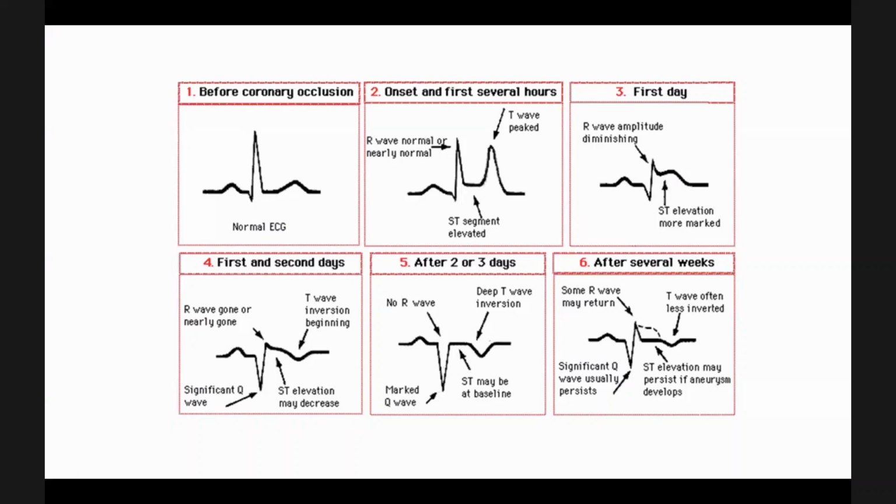The first thing in acute ischemia, after about a few hours, is that the patient gets tall T waves. You call it hyperacute T waves. That's a very early finding.